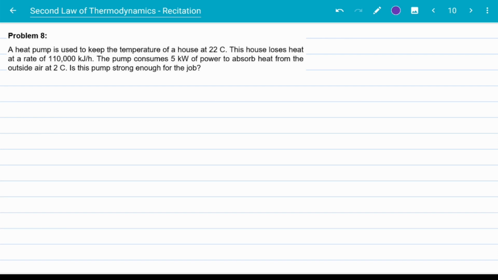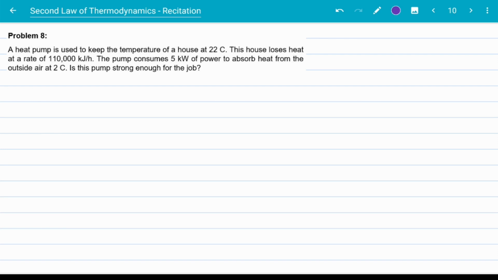When you are dealing with problems that ask you whether or not a cycle is feasible, a cycle is strong enough, or something like this, you have to compare this cycle to a reversible ideal or a Carnot cycle acting between the same two heat sources, and then compare your results with the results of an ideal cycle, and then draw a conclusion. Okay?